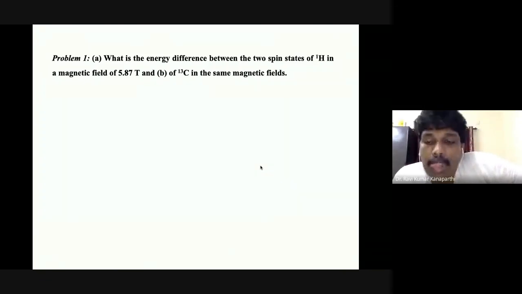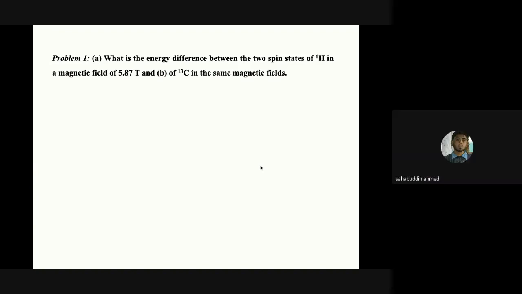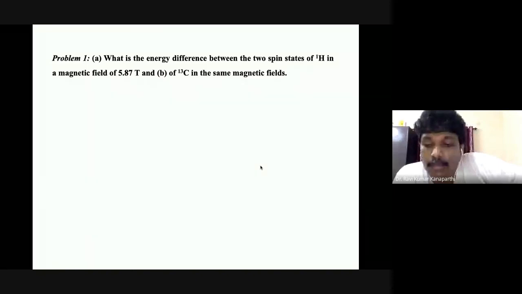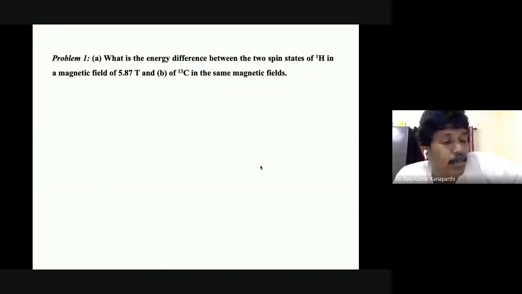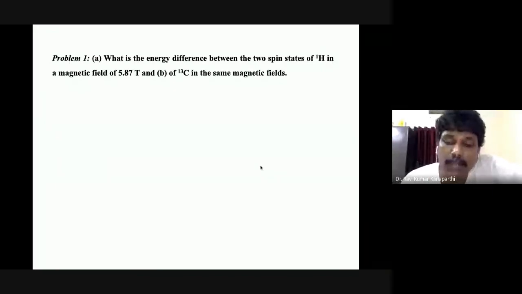What is h cross? h by 2 pi. h is 6.625 into 10 raised to minus 34. So what is the answer then? Pi is 3.14, 2 multiplied by 3.142. So you can estimate the value.